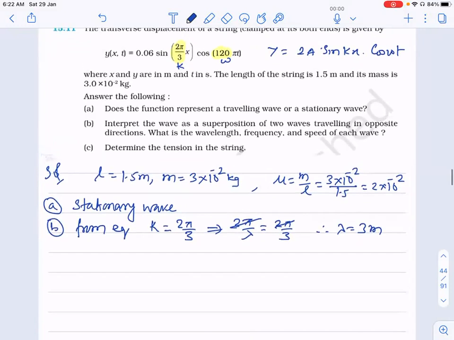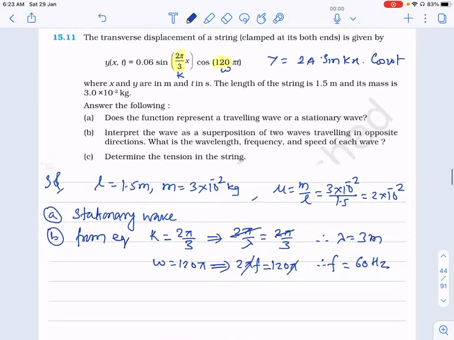And for frequency, omega is equal to 120 pi. Omega is nothing but 2 pi f. Therefore, f कितना आएगा? 120 divided by 2 is 60. Pi also getting cancelled. Clear?